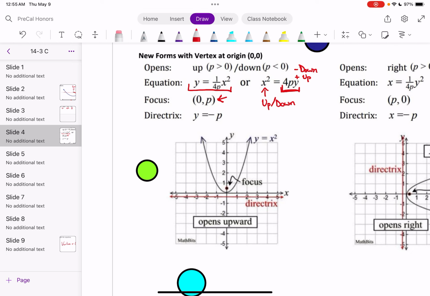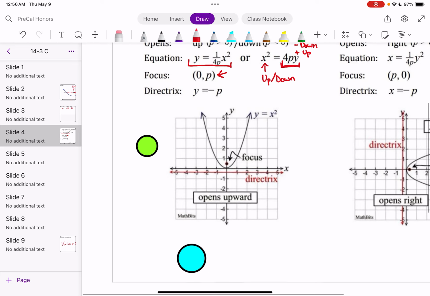The directrix would be y is equal to the negative of that p. Now, if p initially began as a negative number, by doing a negative of a negative number, you would end up with a positive. This is where it truly depends on what is calculated on the p itself.